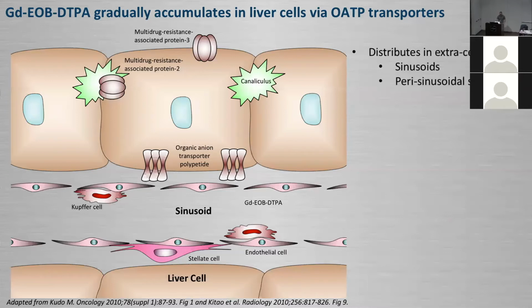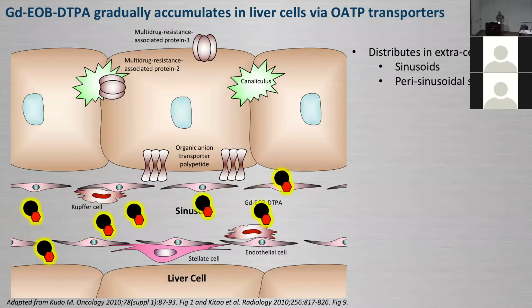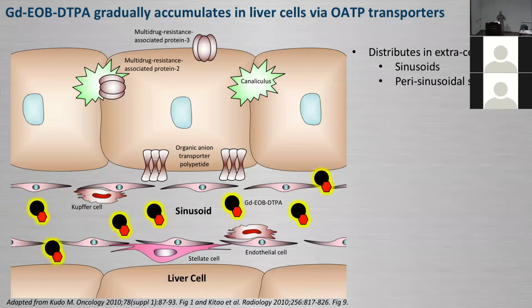So when we first give gadolinium EOB DTPA, it will distribute in the extracellular space, so it won't go inside the cells right away. Initially, it will be in the sinusoid and in the perisinusoidal space, and it looks like this. So this is what happens when you first give the contrast agent.